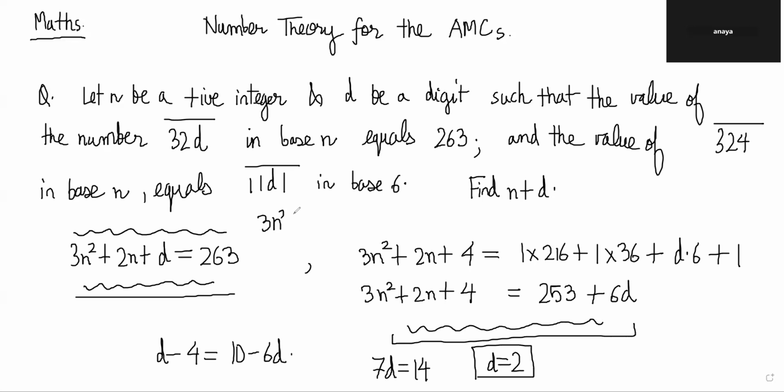You get 3n square plus 2n minus 261 is 0. And this is divisible by 3. It is 3 into 87, I think. So 9 into 29. You can use the direct formula to do it also.